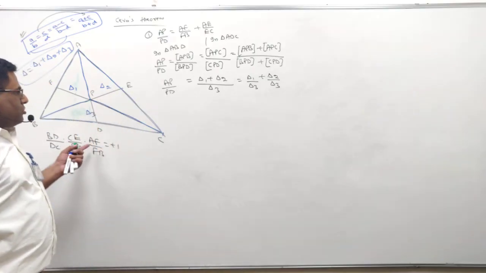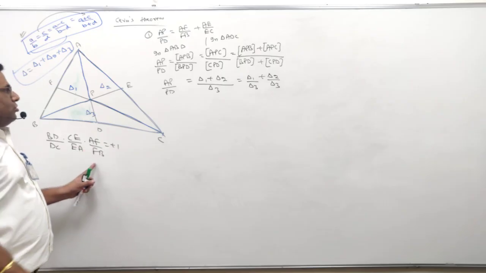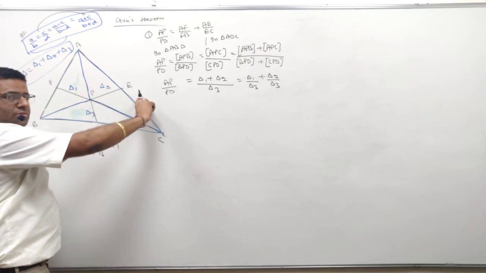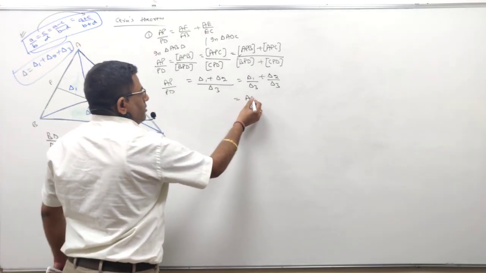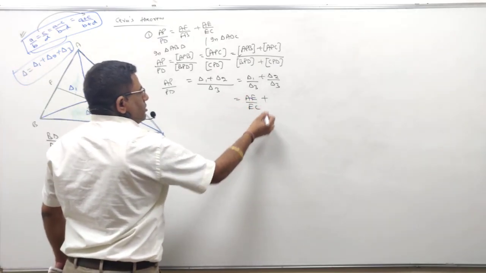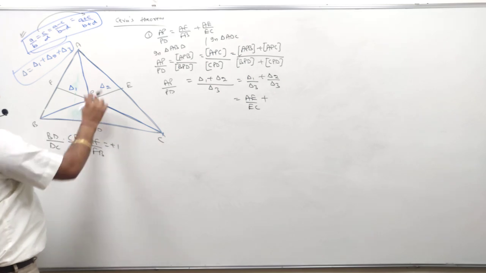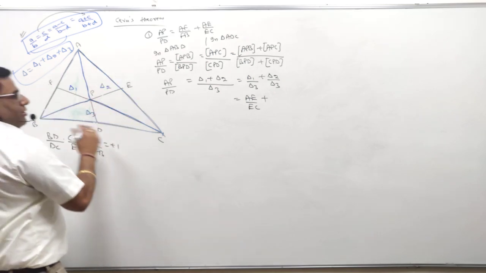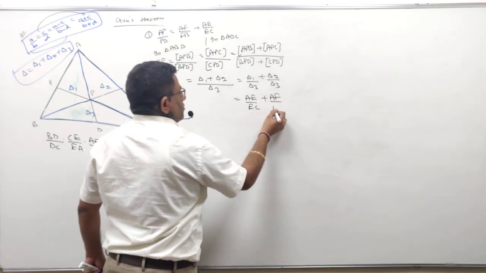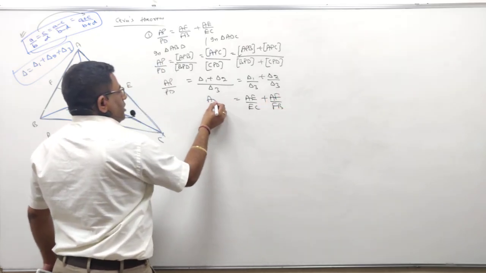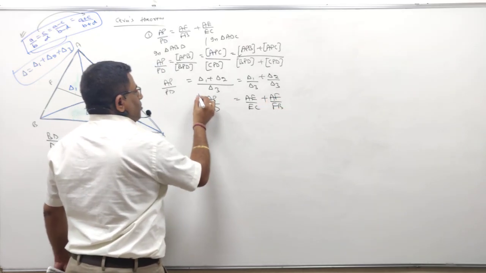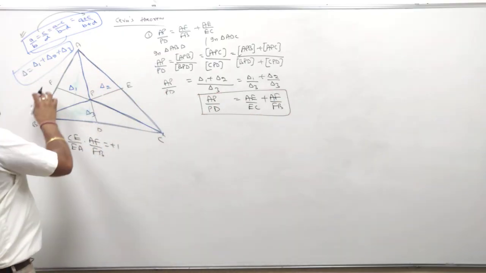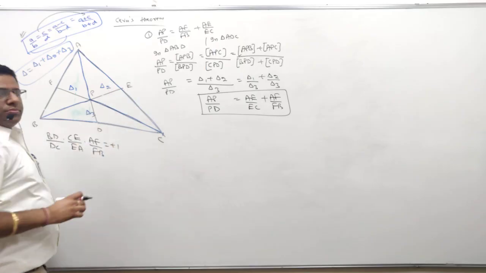And in my previous theorem, when I derived this result, we had used that delta 1 upon delta 3 becomes equal to AE upon EC, and delta 2 upon delta 3 becomes AF upon FB. Hope it is clear to all of you. That is, we get an important result: AP upon PD becomes AF upon FB plus AE upon EC.